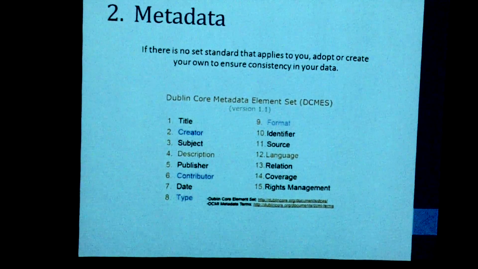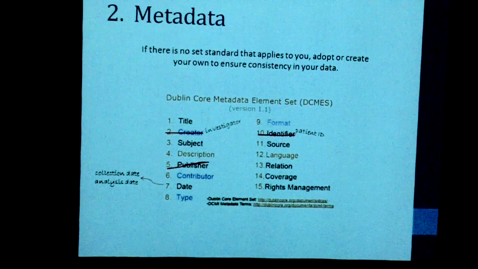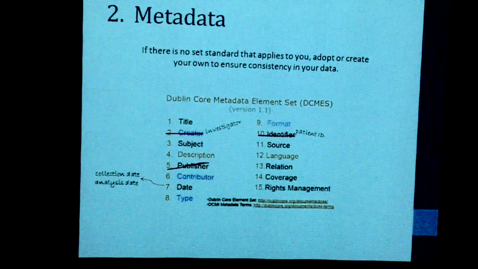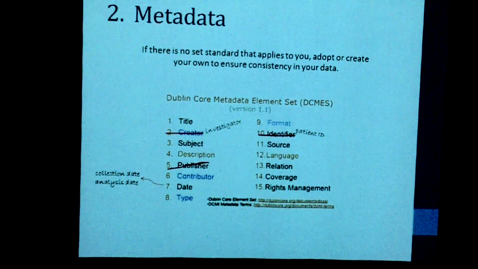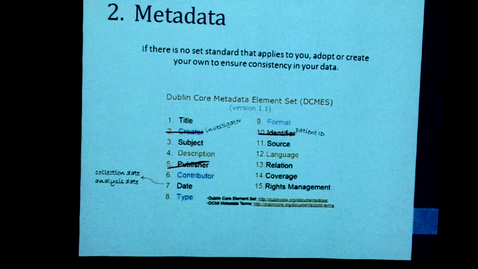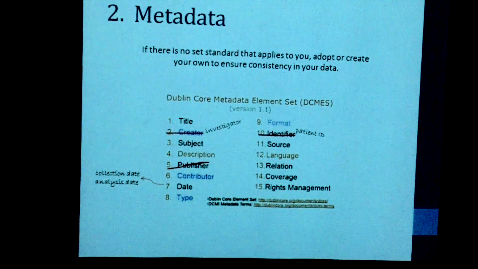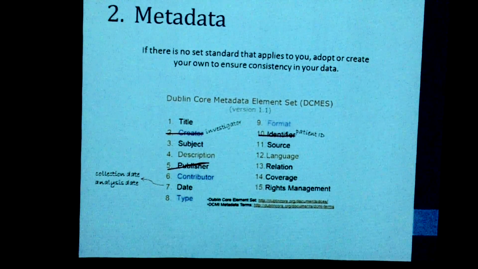But maybe I want to modify this a little bit for my purposes. So instead of having a creator, I have the investigator who collected the data. Publisher, not really relevant to me, I'm just going to leave that out. When it comes to date, I have both a collection date and an analysis date, so I want both of those. Instead of an identifier, I have a patient ID, so I'm going to change that.